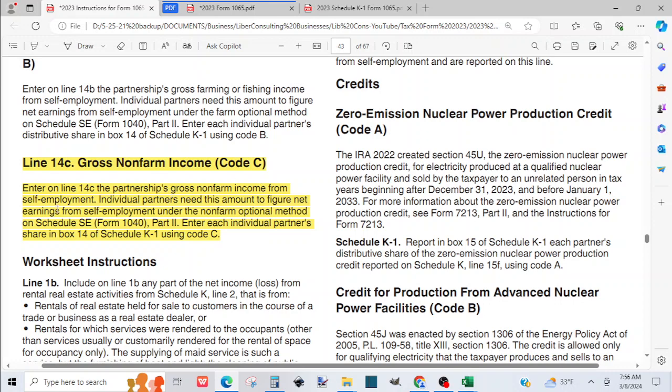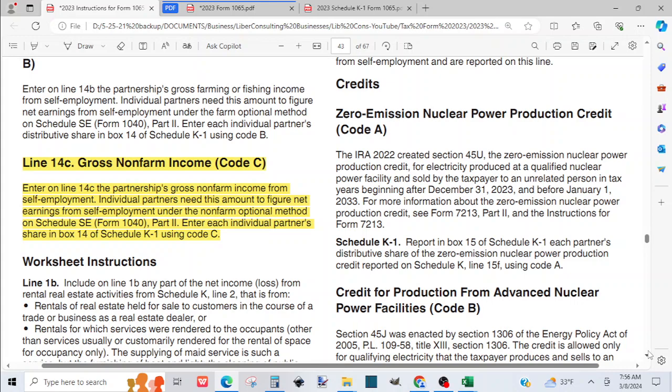Individual partners need this amount to figure their net income from self-employment under the non-farm optional method of Schedule SE Form 1040 Part 2. Enter each individual partner share in box 14 of Schedule K-1 using code C.